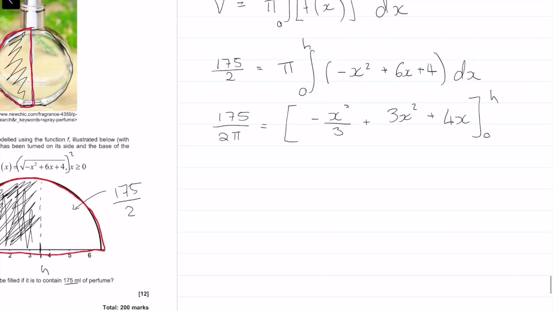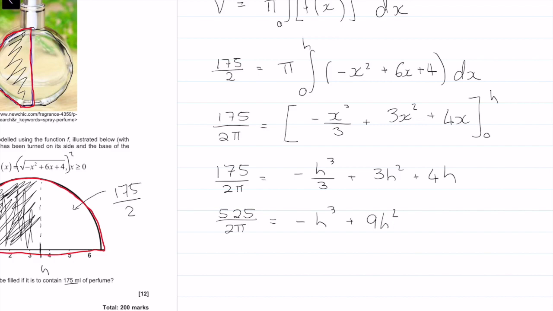When I sub in 0, every term goes away. So we're left with minus h cubed over 3 plus 3h squared plus 4h. Now I'm going to multiply the 3 up, so 175 times 3 is 525. So 525 over 2 pi is equal to minus h cubed plus 9h squared plus 12h.